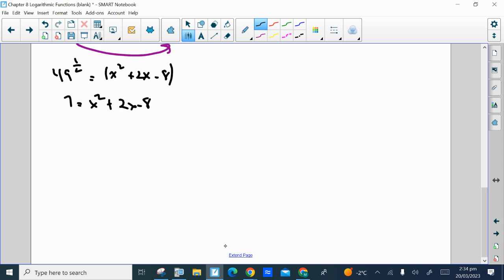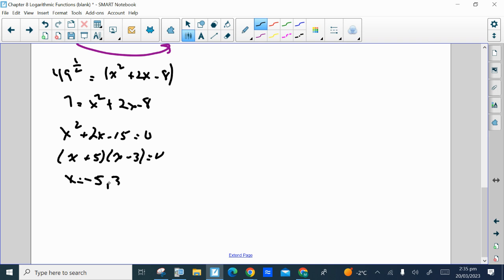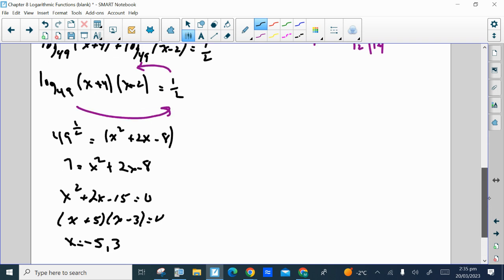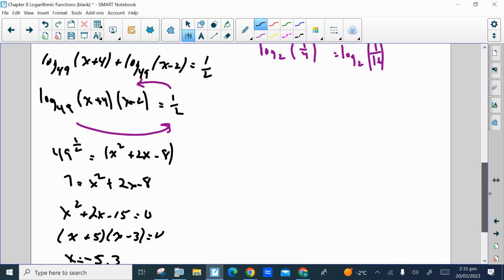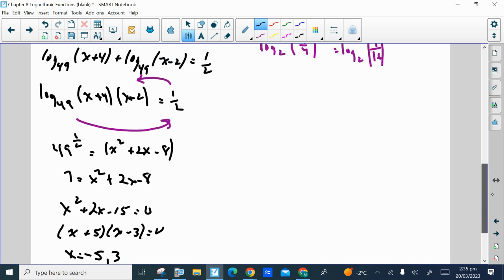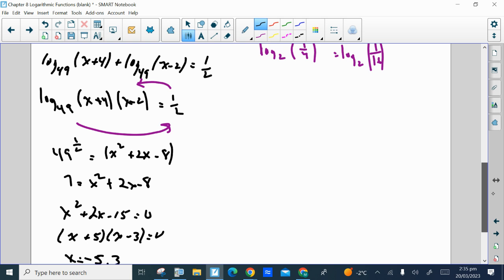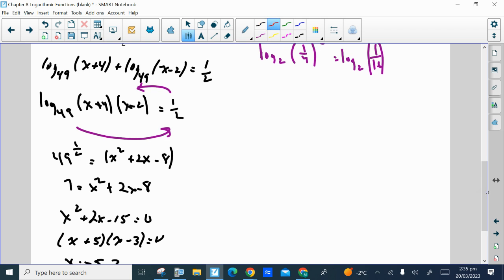So when you subtract the 7 from both sides, there's our quadratic that we will factor. It'll be (x plus 5)(x minus 3). So the answers we get are -5 and +3. -5 won't work though. That'll give us the log of a negative number. So that one is extraneous.